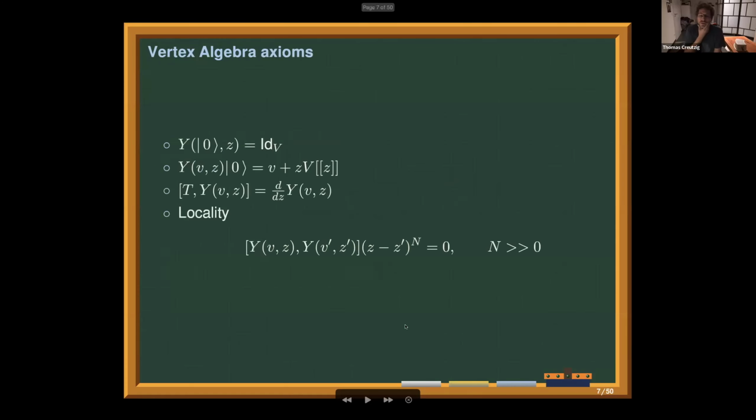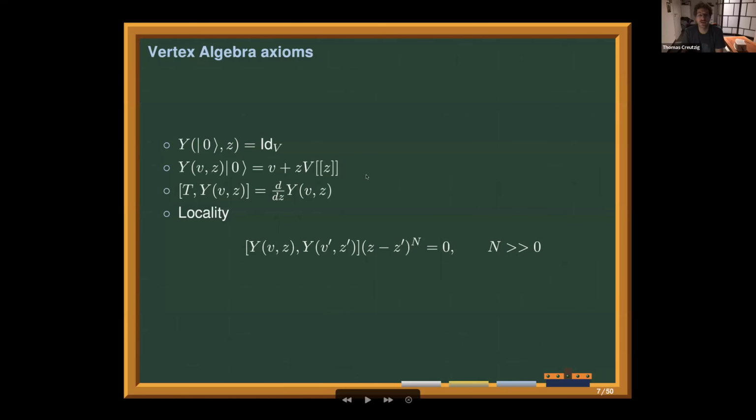And these have to satisfy certain axioms, namely the field corresponding to the vacuum is just the identity. And you have to have a state-field correspondence, meaning if you act with a field on the vacuum, then you get a Taylor series, so no negative powers in z, and the constant term is just your original vector back. And you want to be able to go back from a state to a field and vice versa.